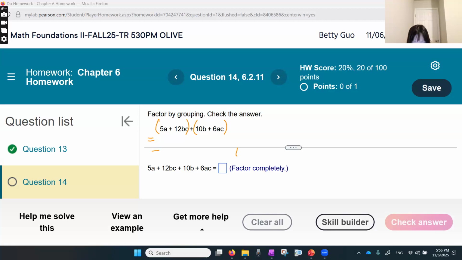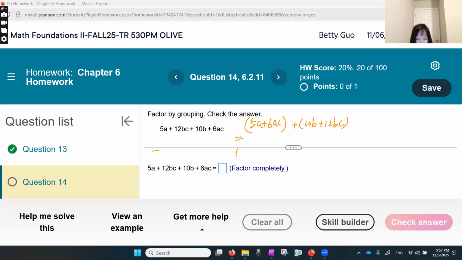Okay, I got it. So this one, we did not cover something similar. We need to group this way. We're gonna group 5a and 6ac together. Term 1, term 4, and term 3, term 2.